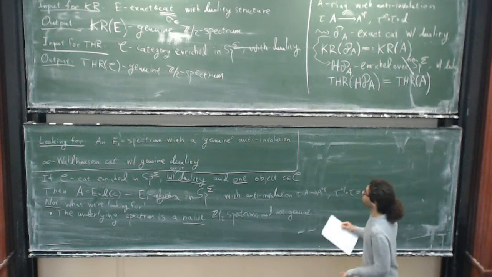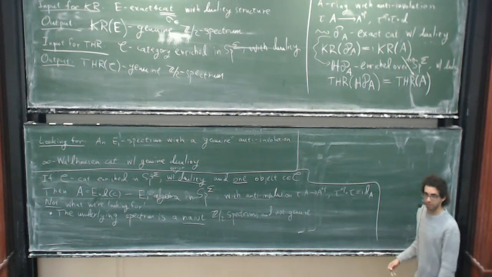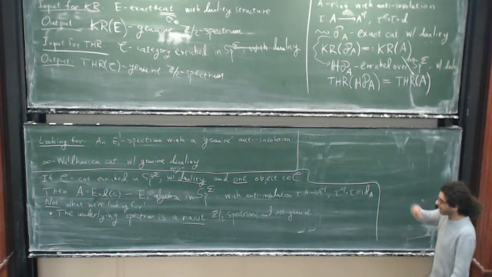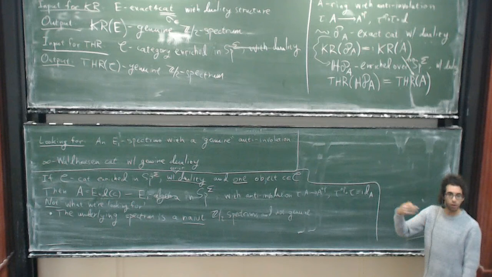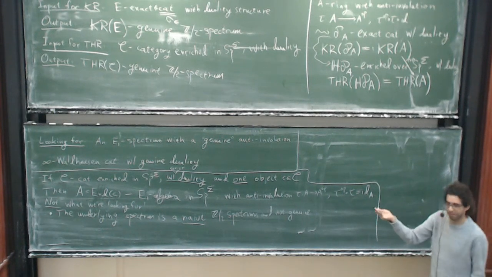What we can try to do to solve this problem is just start with a genuine Z mod 2 spectrum and take an E1 algebra structure on it. Let's try to do that and see if that works.